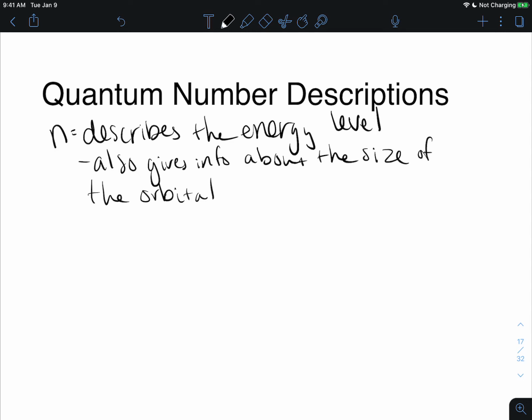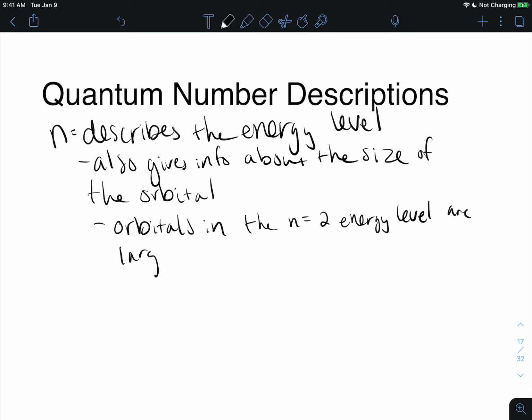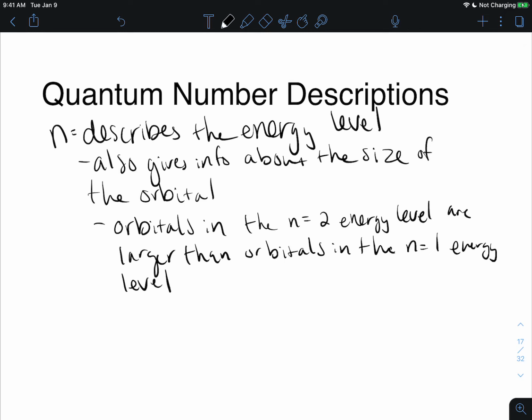So we would say that each orbital is larger than the ones before it. Orbitals in the n equals 2 energy level are larger than orbitals in the n equals 1 energy level, and they're greater in energy.